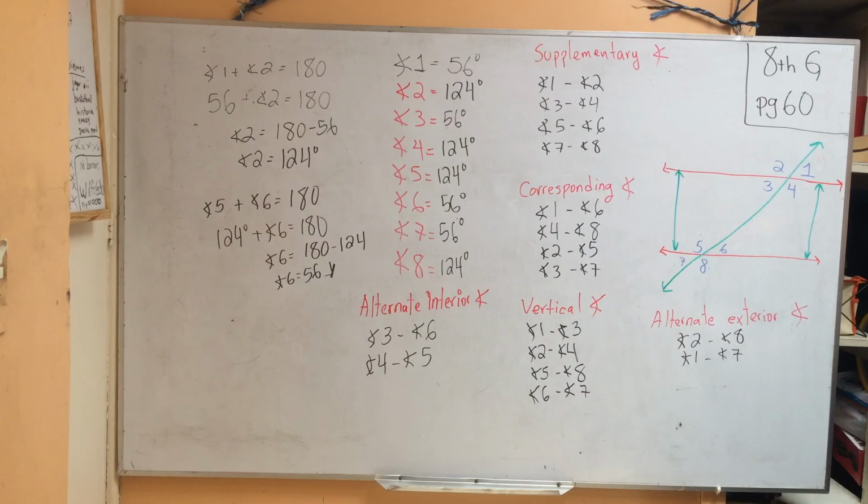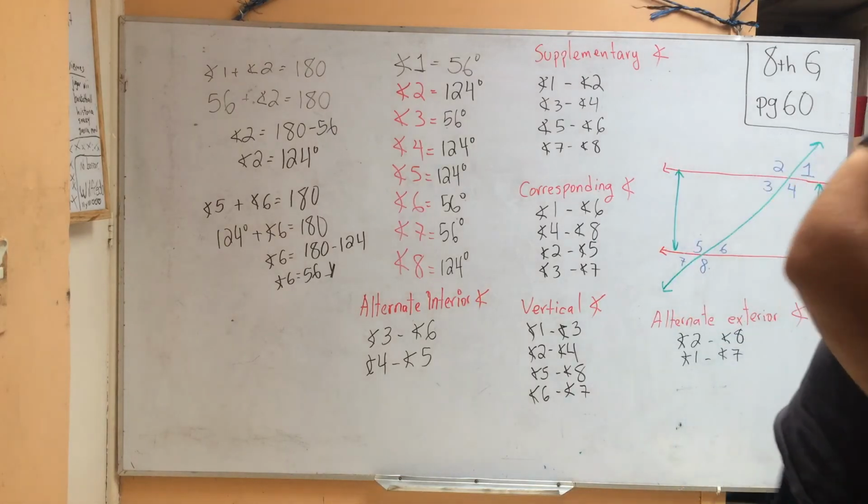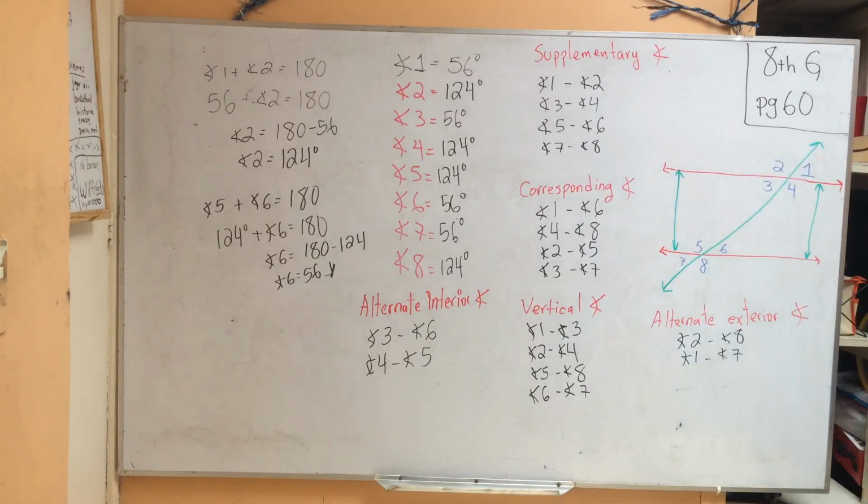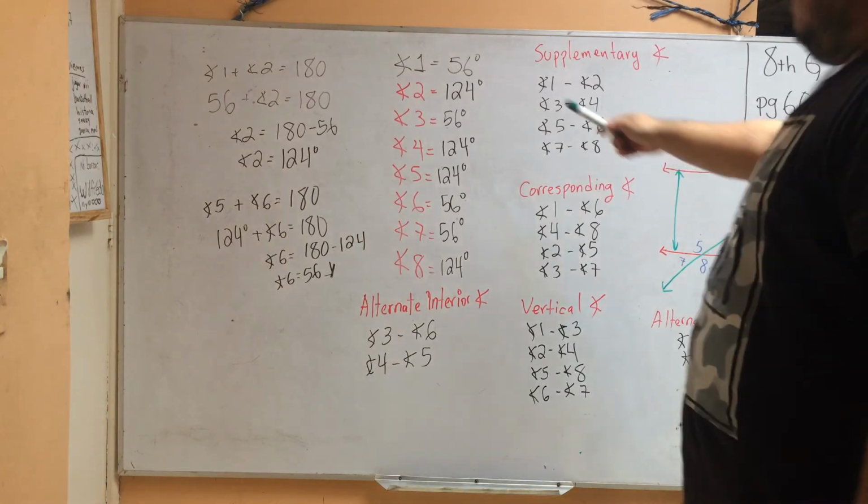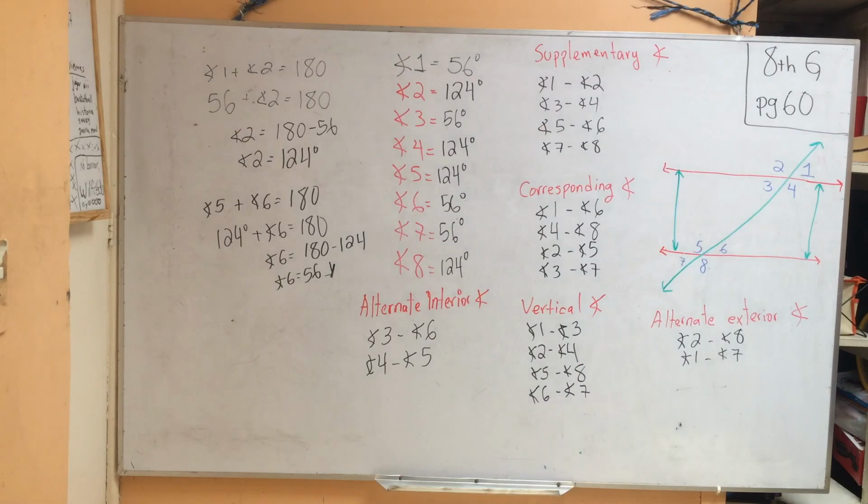Okay? So let's review. In this exercise, they only gave us one angle measurement, 56. By having this 56, that means that we can calculate the angle measurements for other angles using the rules: corresponding angles, supplementary angles, alternate interior angles, alternate exterior angles, corresponding, vertical.